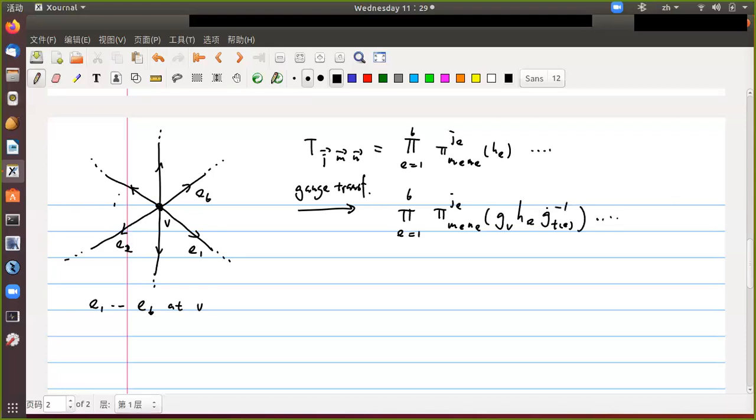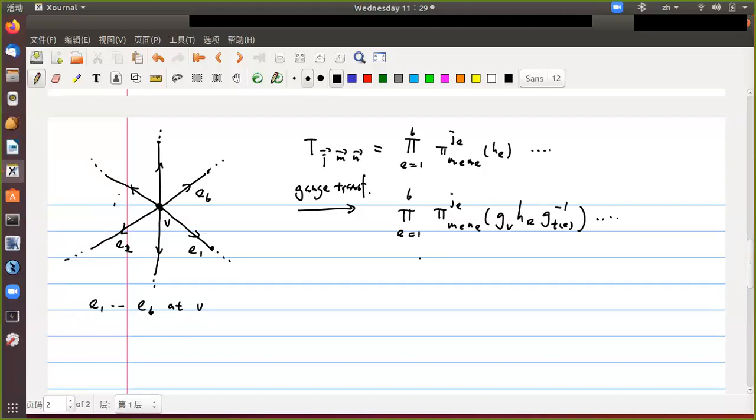The G target will be acting on the endpoint of all those edges, so they are all different. But the point is that the gauge transformation at the vertex V is always the same for all edges. So for all edges from 1 to 6, there's a factor G_V which is the same.